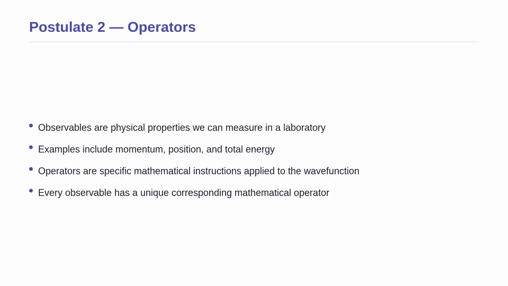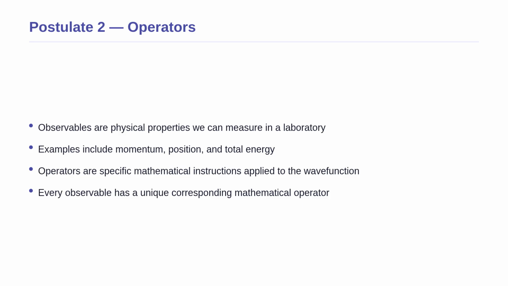Now that we have our information locked inside the wave function folder, we need a way to extract it. This brings us to the second postulate, which introduces observables and operators. An observable is simply any physical property of the electron that we can actually measure in a laboratory, such as its momentum, position, or total energy.